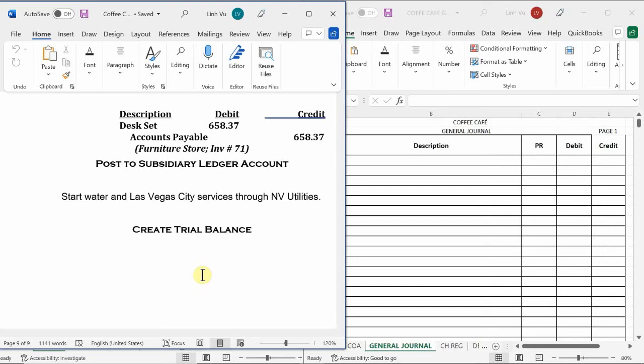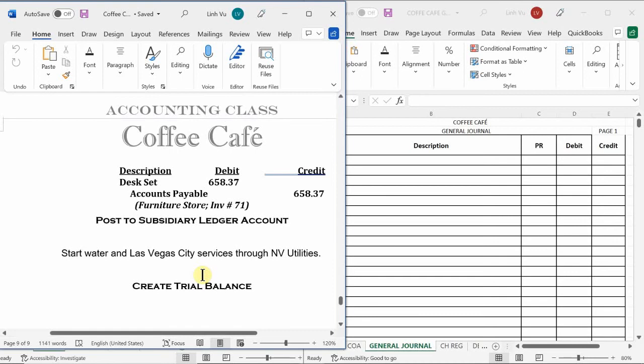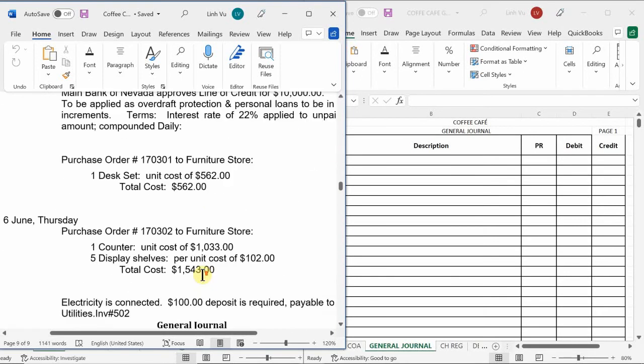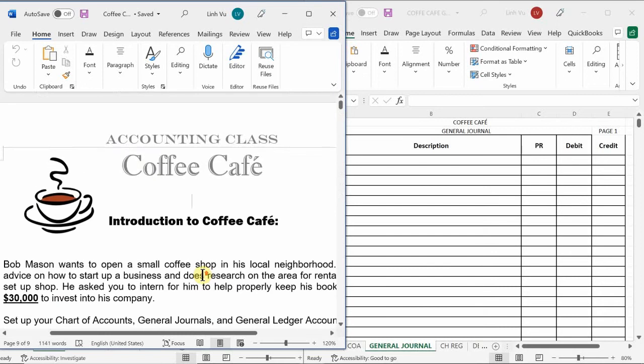Because again, you can make mistakes here and there, and it's better to catch them early on than wait till the end of the month to do your unadjusted trial balance, and then your numbers become way off. So that's why we're going to be practicing how to do the trial balance at the end of every Coffee Cafe week. Not the end of our week, the end of every Coffee Cafe week. Okay?